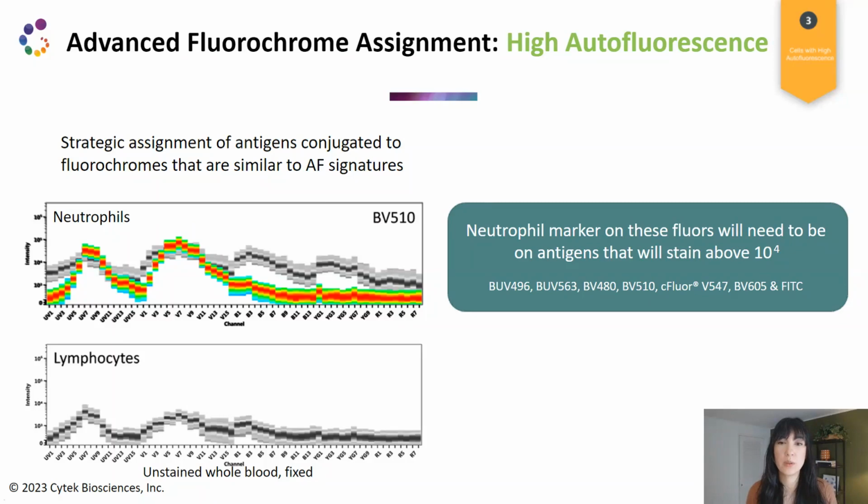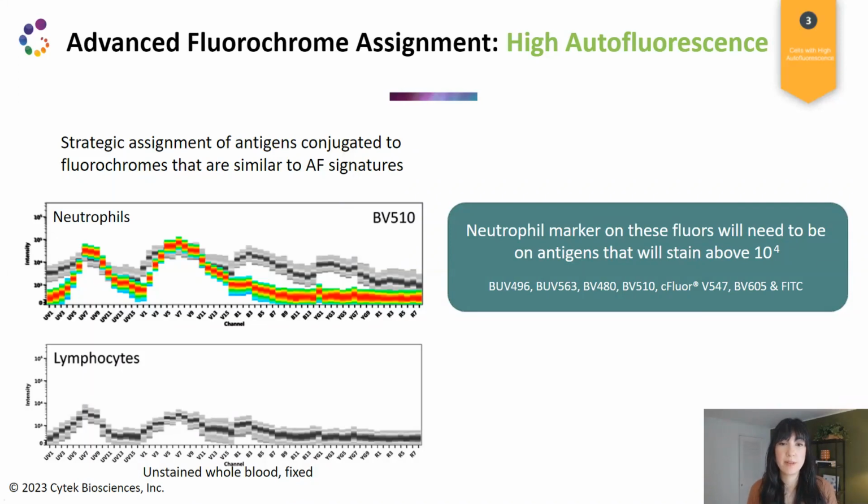So in order to be able to resolve a neutrophil marker with BV510, we have to keep in mind that the positive signal needs to be higher than the actual background. In this case, we're saying that the background is 10 to the 4. It's going to depend on what your tissue is. And there are some other examples listed there in the teal box of fluorochromes that have similar issues to BV510.